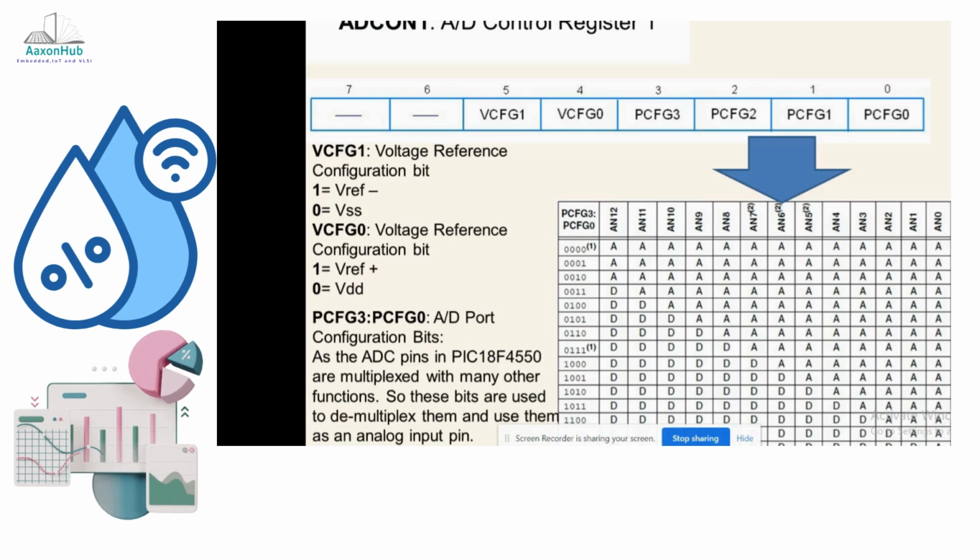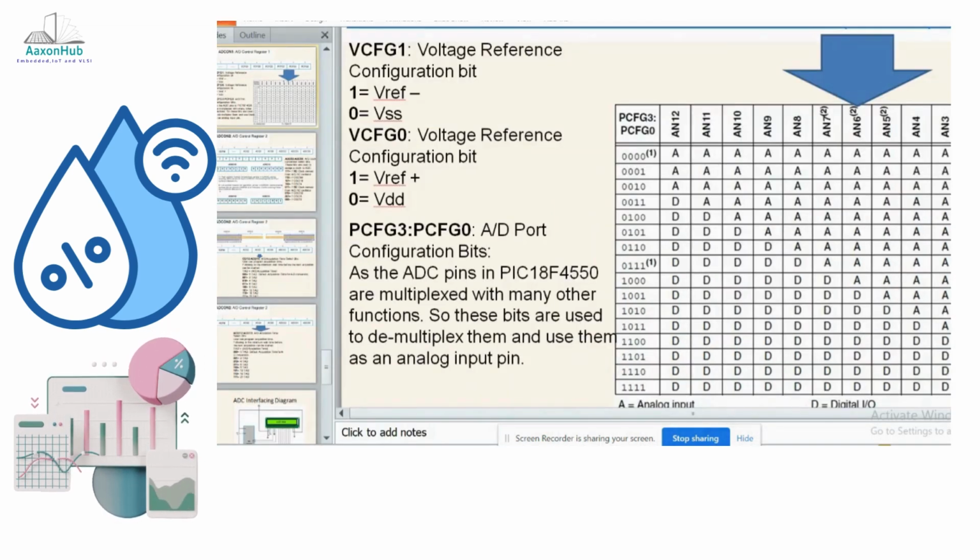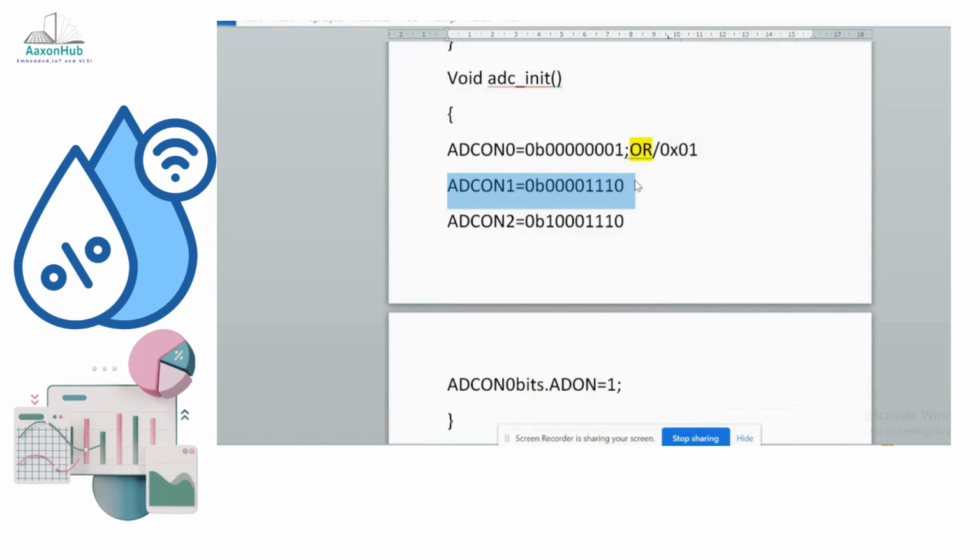So this is the analog port which you have connected. So this particular channel only turns out as analog, the rest of the channels turn out as digital, due to which you can have the possible value for these four particular bits as 1110. So you need to load that value in this ADCON1 register.